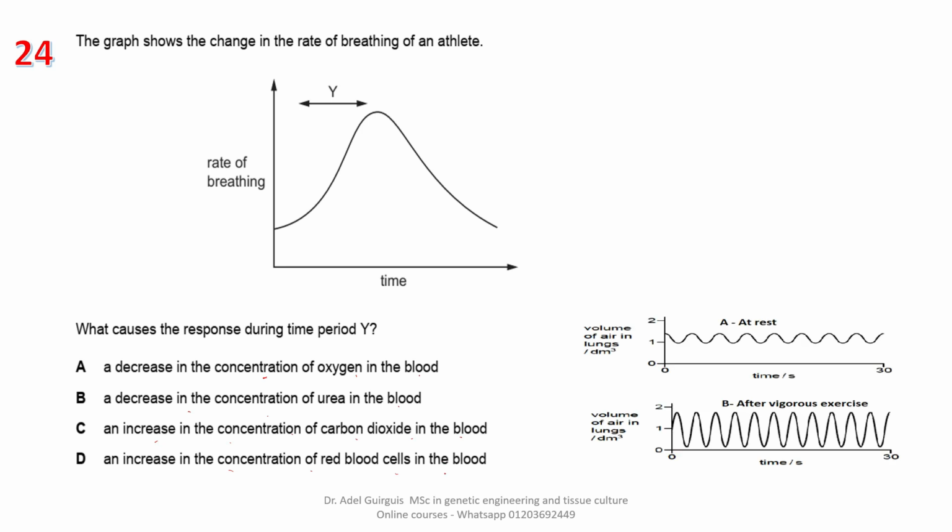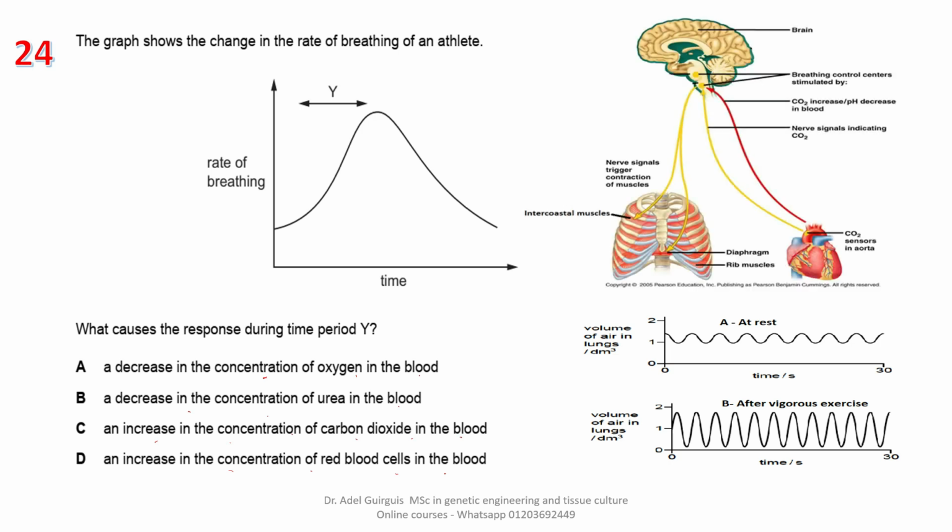Due to breathing of an athlete, CO2 concentration increases. CO2 increases in blood due to aerobic respiration. What would happen? The pH of the blood drops.